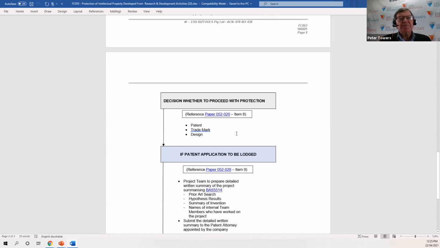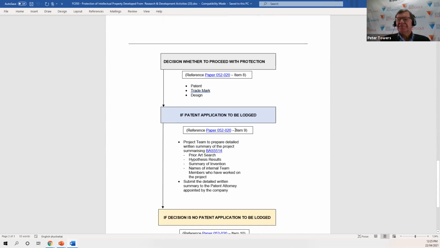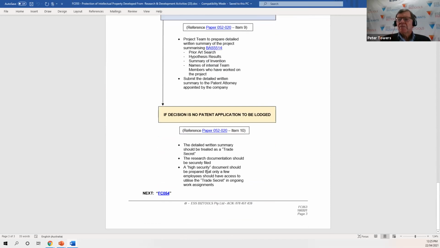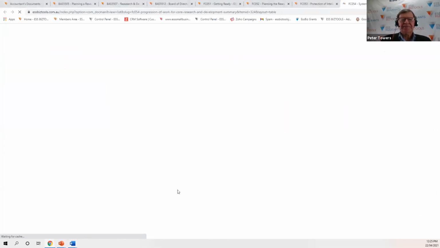And decisions could then be made on some other activities besides a patent, trademark, registered design, or trade secret type documentation, so as to protect the company's investment in this new asset. And hopefully it is an asset that is being developed, and it's not just a huge cost center.